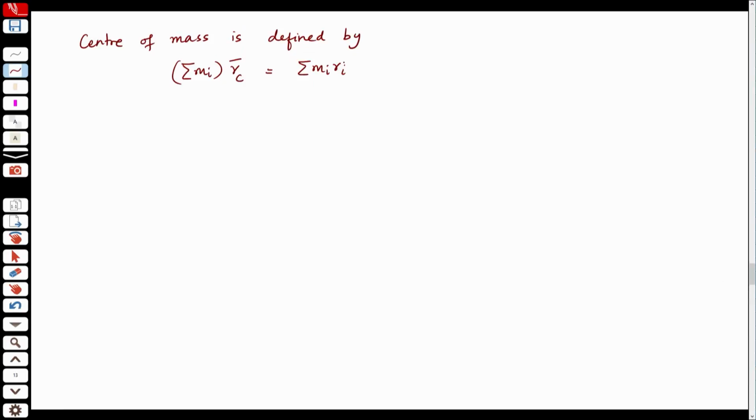So, if I have a coordinate system, and I have various particles, mi, mj, etc. The center of mass of the system is where the mass would be concentrated. The effect is the same as concentrating the mass at that location, and the location of that is defined by RC.